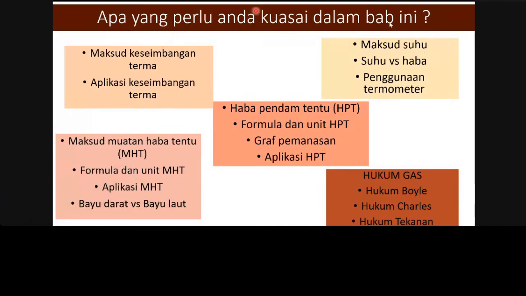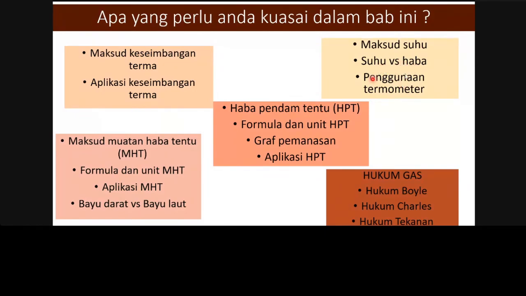So in this chapter you have to know maksud suhu. I already scale it down to things that you really need to know. First, you need to know what temperature is in terms of definition. You also need to know the difference between suhu and haba, perbezaan antara suhu dengan haba. Temperature is suhu, haba is heat.